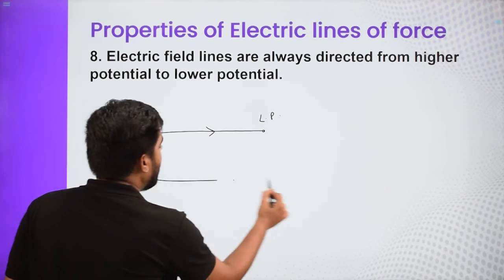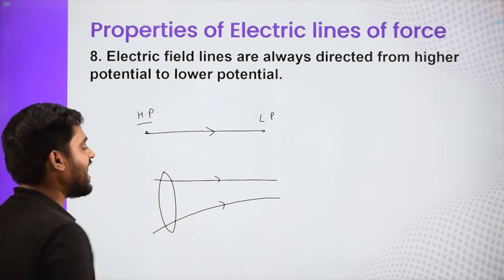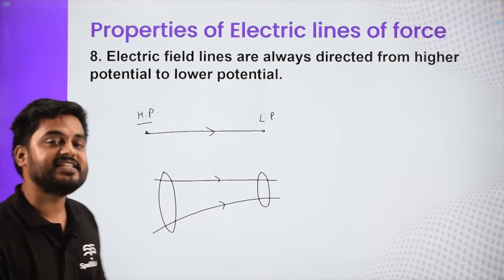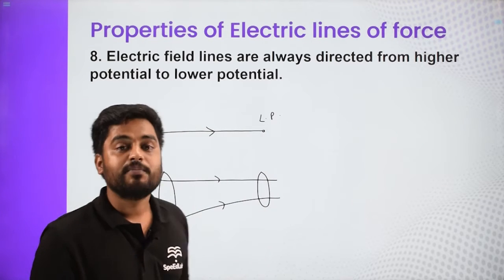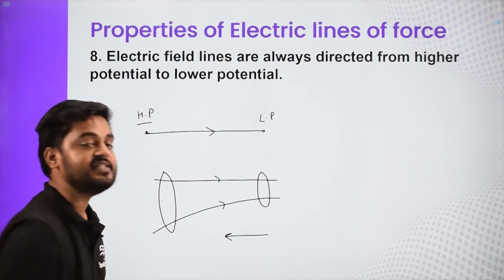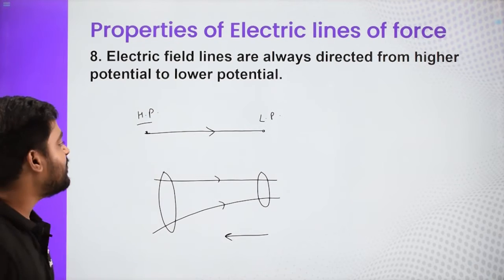So if we go along the direction of a field line, this region has higher potential and this region has lower potential. This indication is given by electric field lines: when we move in the direction of the electric field, potential decreases. If we go in the opposite direction of the electric field lines, then potential increases, as we are moving from a point of lower potential to higher potential.